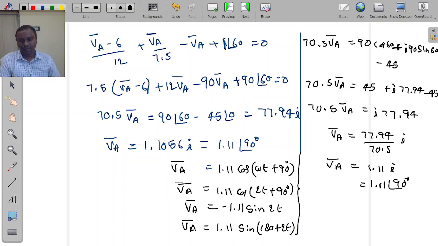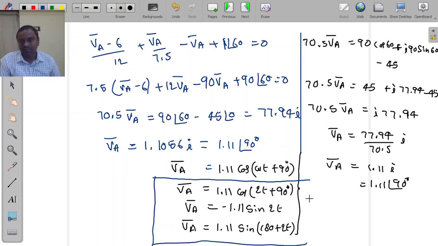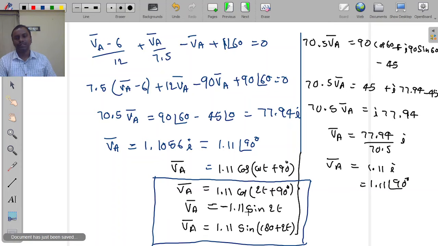So all these are the correct answers: 1.11 cos 2t plus 90, or minus 1.11 sin 2t, or 1.11 sin 2t plus 180.